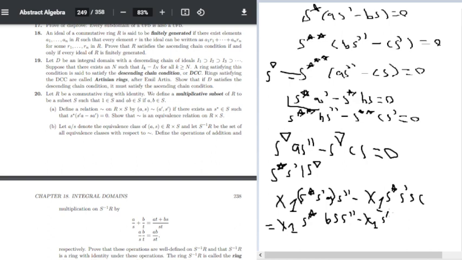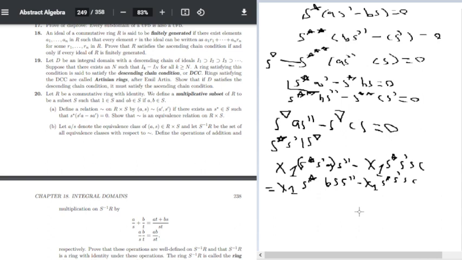Moving this up, we now assume that S star star divides S delta to get us X2 S star star S star BS S prime prime minus X1 S star star S prime SC.